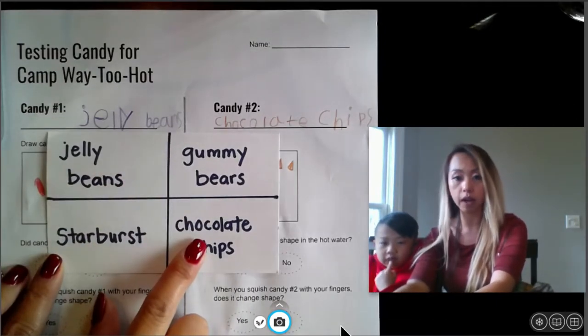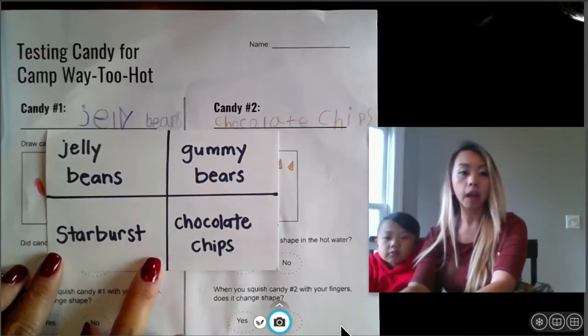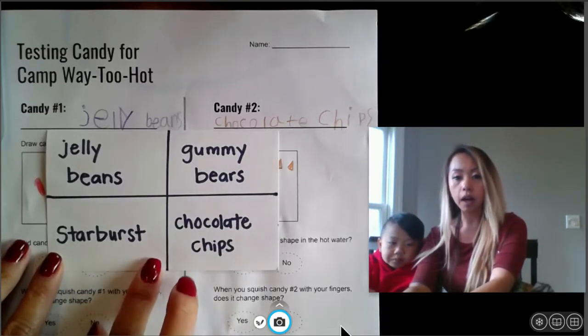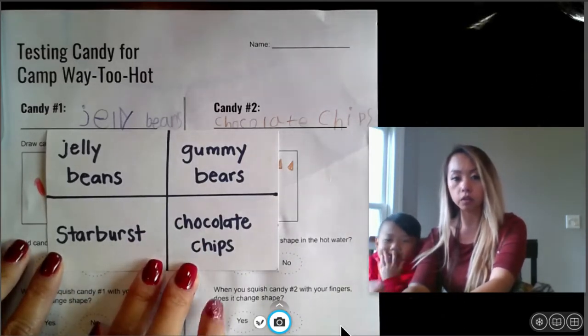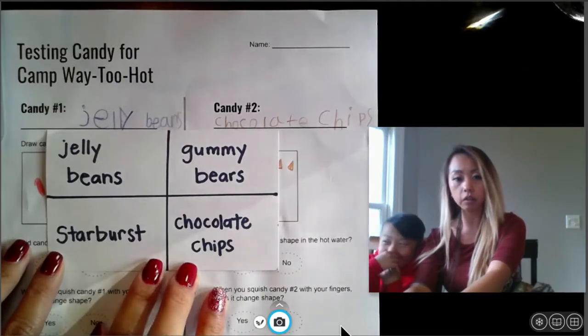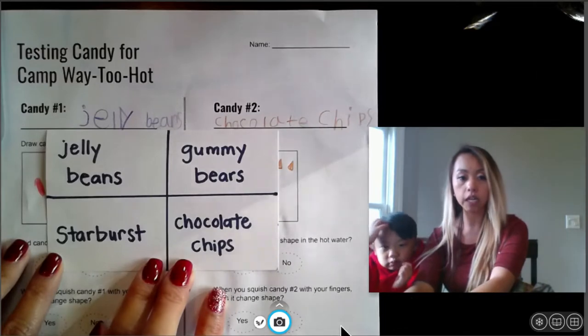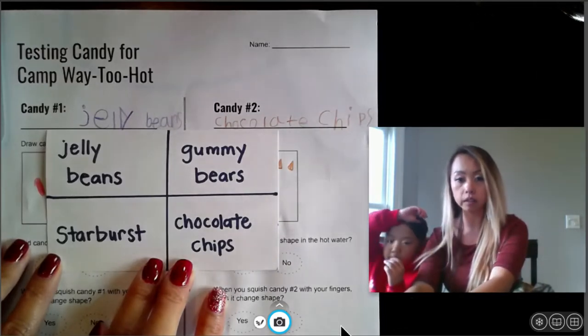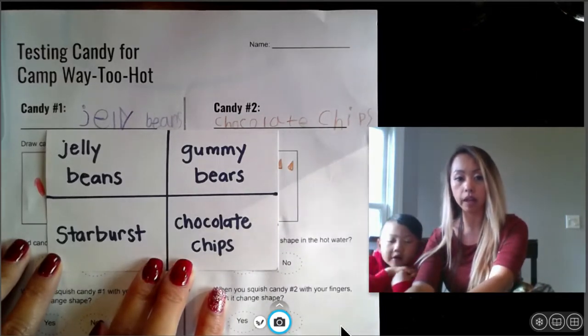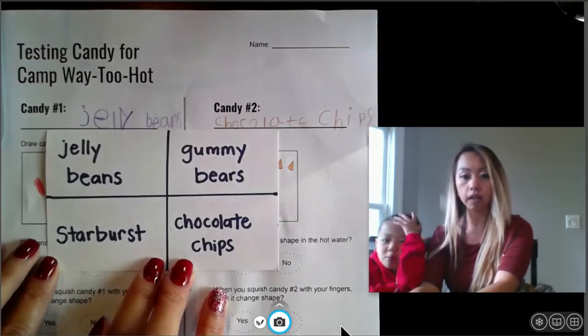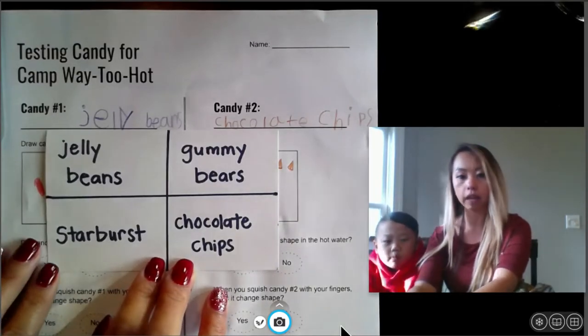You still will have the opportunity to do that, okay? I'm going to leave these words up here so that you can also write these words down on your handout. If you need more time to do your writing and drawing, go ahead and pause the video so that you can complete that. And when you're done, you can come back and we can make our observations together.